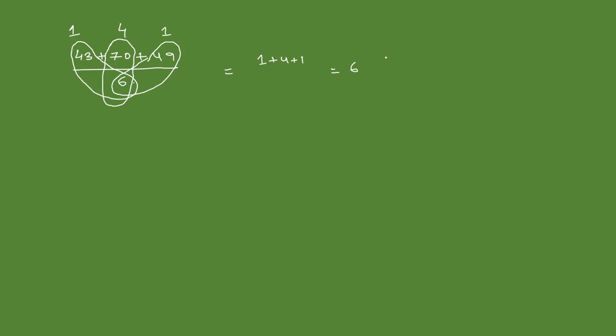No. Why? Because if you divide any number by n, the highest possible remainder will always be n minus 1. For example, if you divide a number by 10, the highest possible remainder will be 9, because if it is 10, it will be divisible.